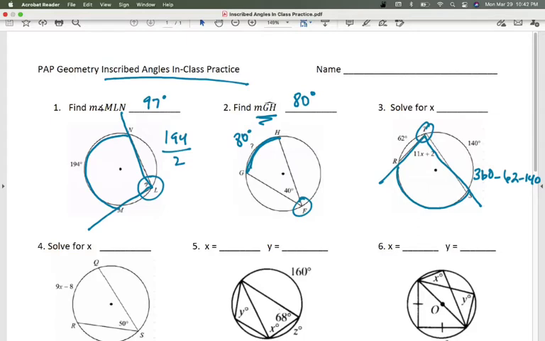And when I do that, I find out that this arc measure is 158. So if I say 158 divided by 2, I get that this angle measure is 79. And so that's the equation I can set up. I can say 11x plus 2 equals 79. So solving that, I get that x equals 7.